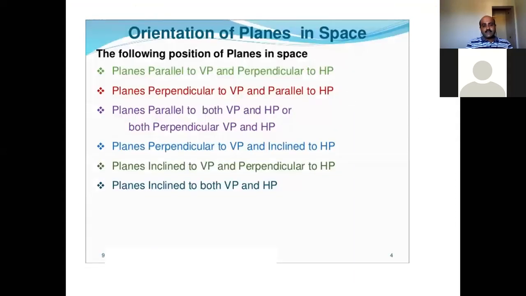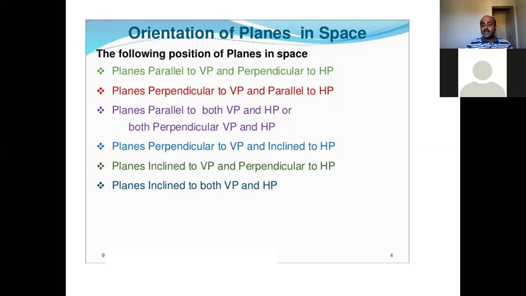Let us take the next slide, where we have the orientation of planes in space. You can position a plane with respect to the reference planes in different ways. That's what I was talking about.